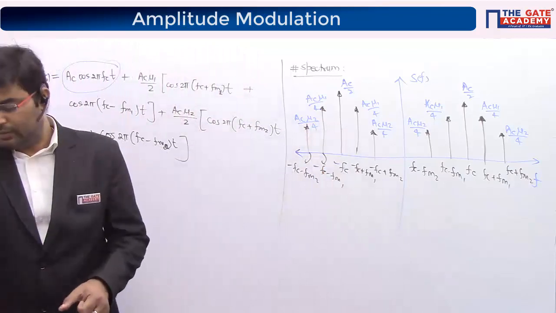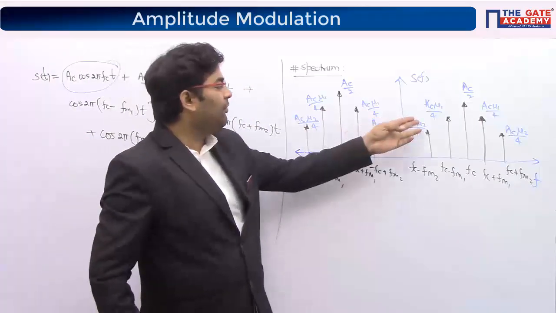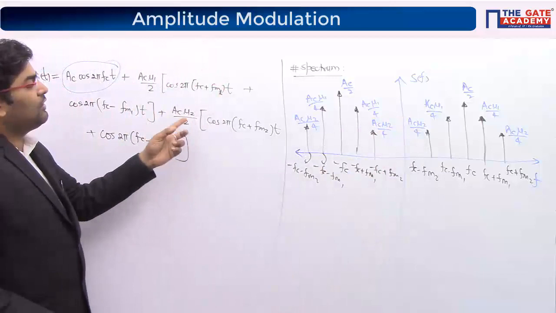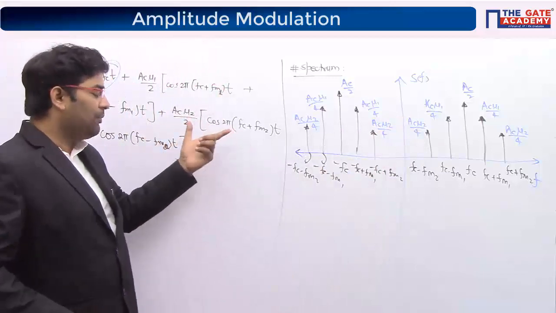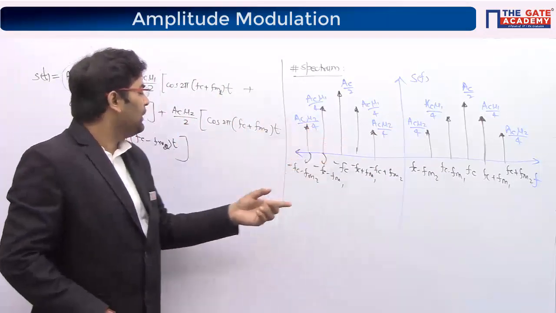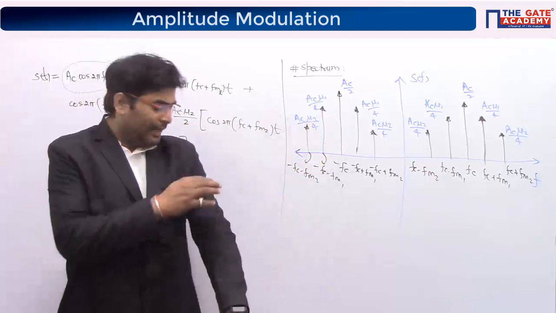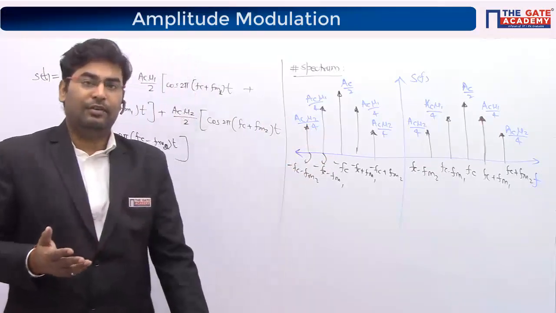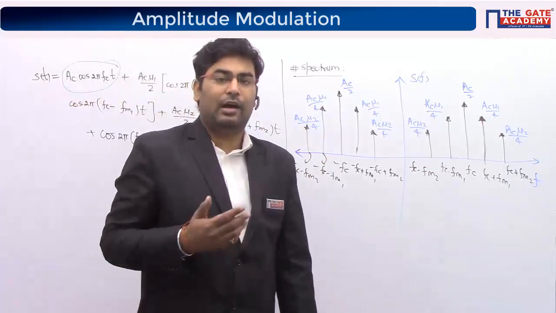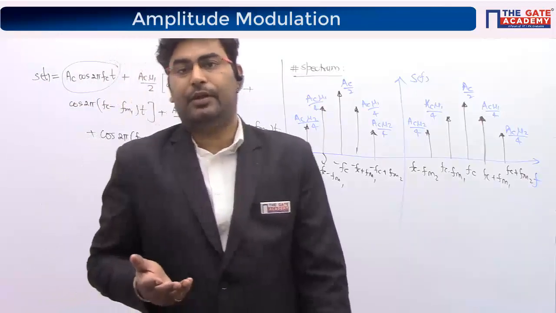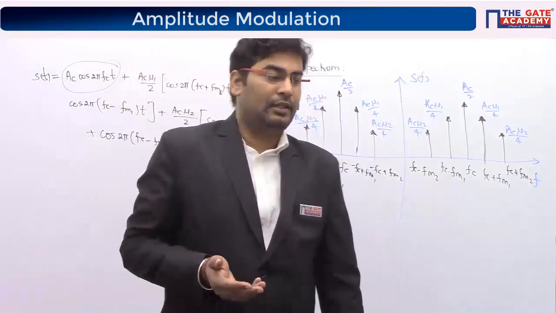Clear guys? Now why is it getting divided by 4? Because I told you, once you go from the time domain equation to the spectrum, you again divide by 2. That comes from the Fourier transform formula of cos 2 pi Fc t, which is half delta F minus Fc plus delta F plus Fc. So be careful.